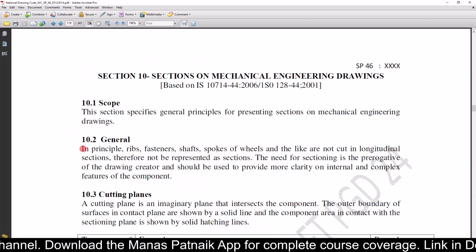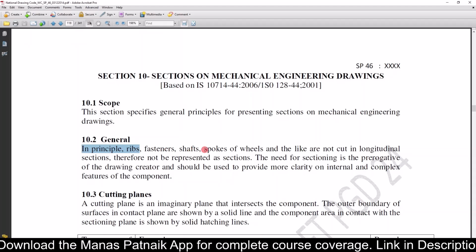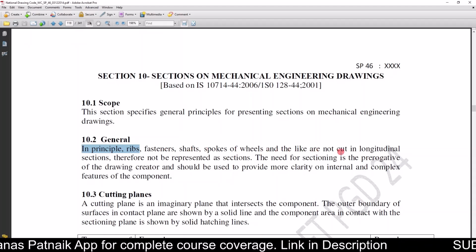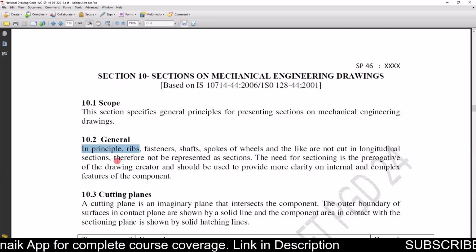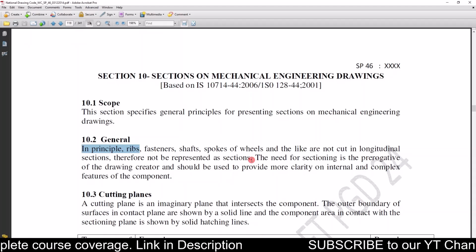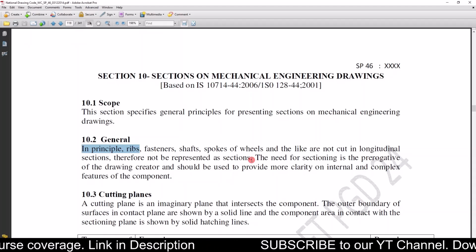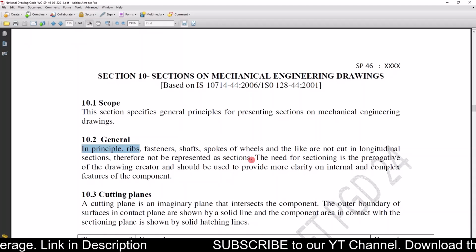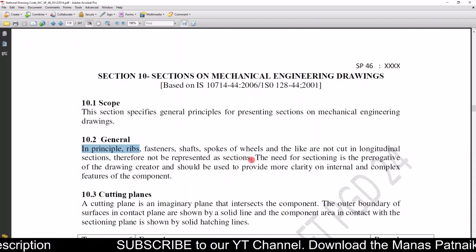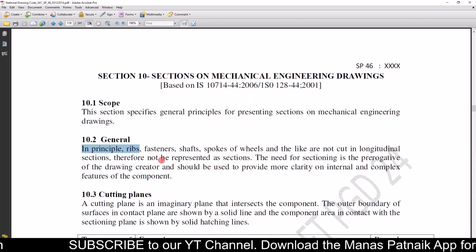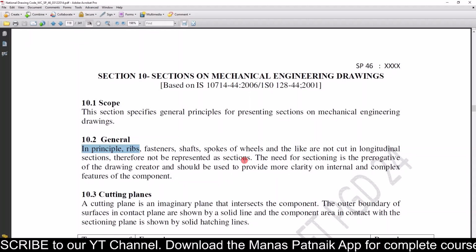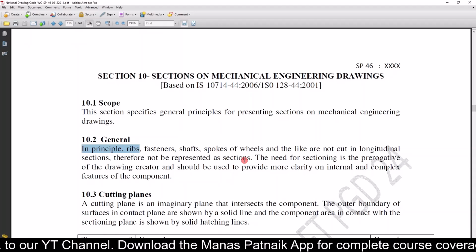Please note, in principle, ribs, fasteners, shafts, spokes and the like are not cut in horizontal longitudinal sections, therefore not to be represented in sections. If the section plane cuts along the length or breadth of the rib, then it should not be represented as a section. Although the software represents it, when you are making the manual drawing, don't do that.